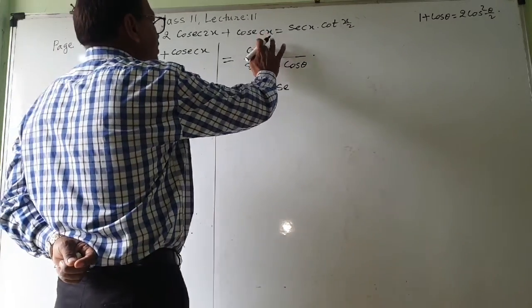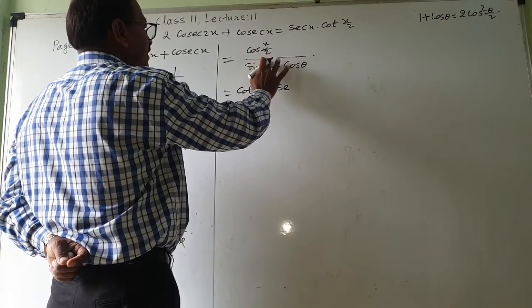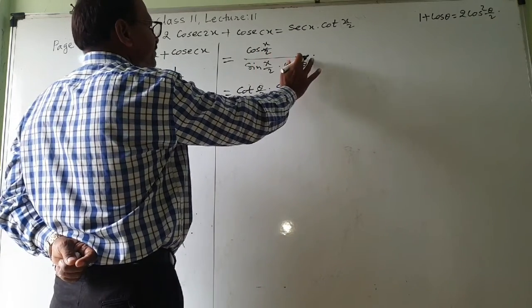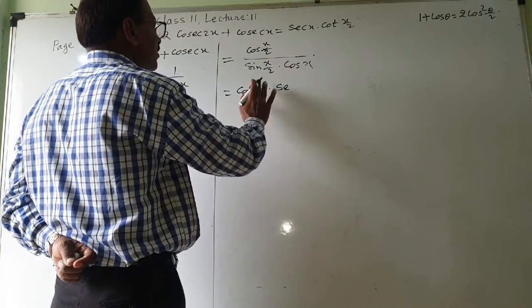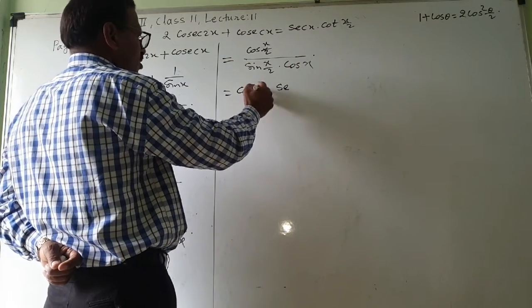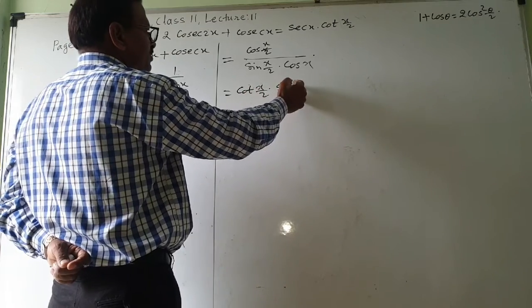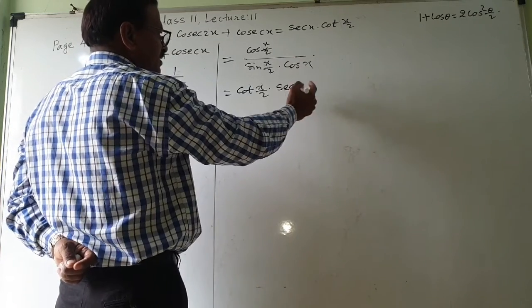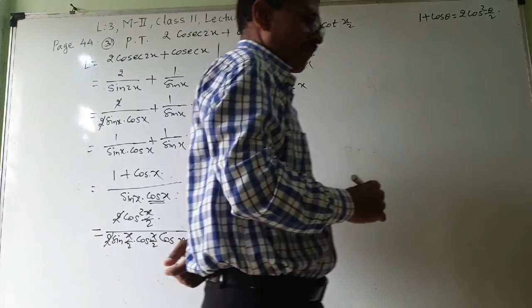Here also x by 2, and this is x. Now this is cos upon sine, which is cot of x by 2, into 1 upon cos, which means sec x.